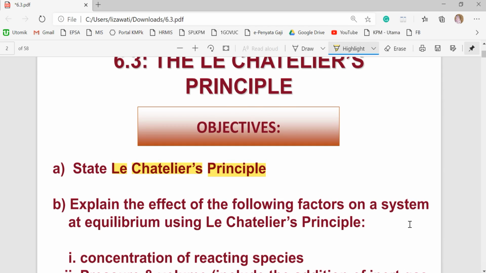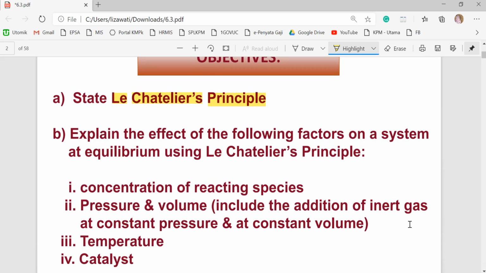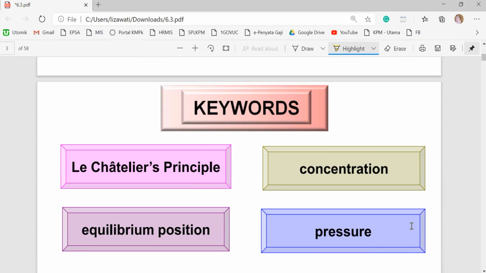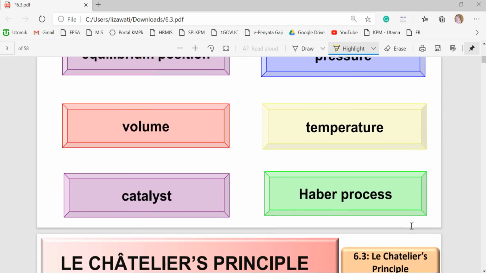Next, explain the effect of the following factors on a system at equilibrium using Le Chatelier's principle: concentration of reacting species, pressure and volume, including the addition of inert gas at constant pressure and at constant volume, temperature and catalyst. These are the keywords that you should know.